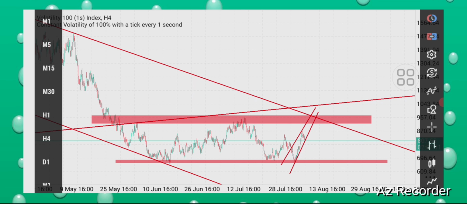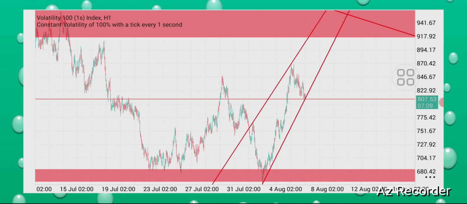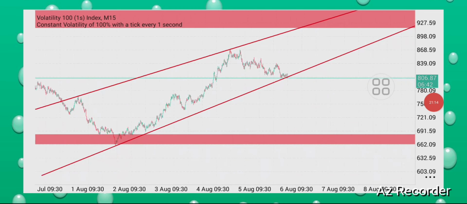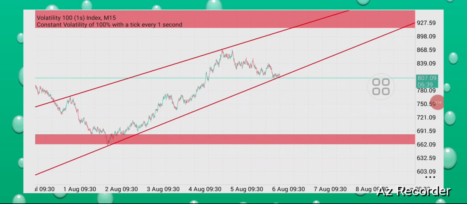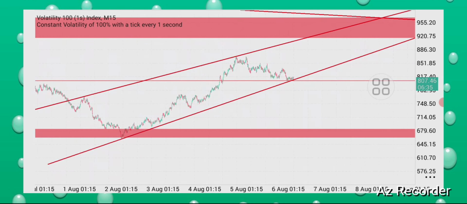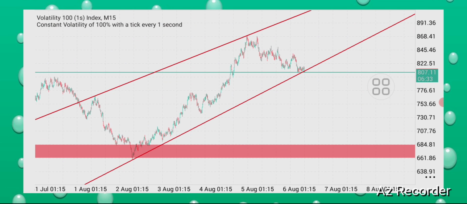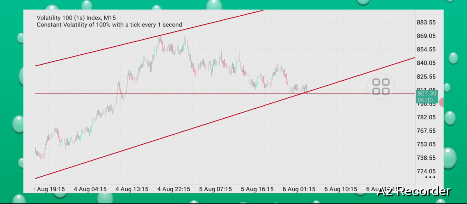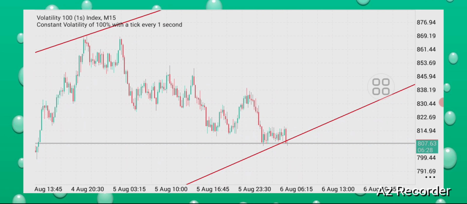I hope you've gotten how we are drawing. You can continue further to the 15-minute chart, where we normally have a good clear view. You can trace it using a smaller time frame, because a smaller time frame is easier to understand, especially when you want to learn candlestick patterns.